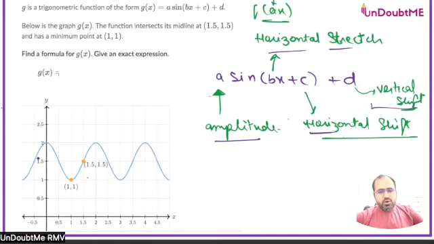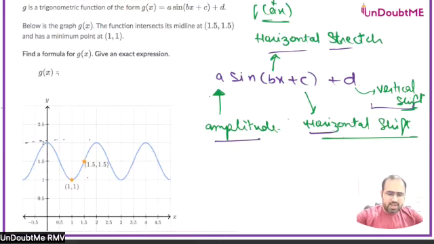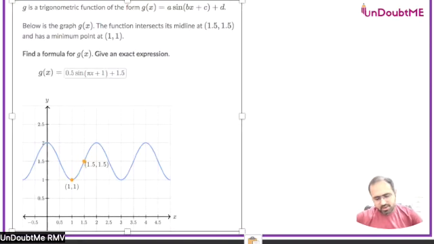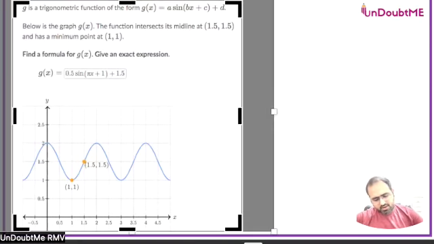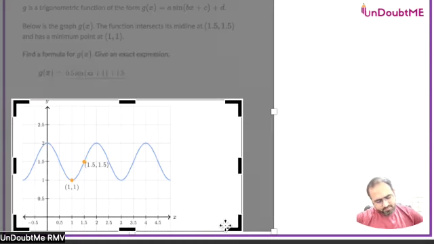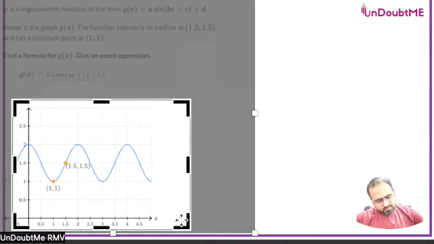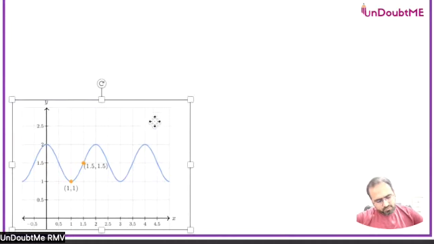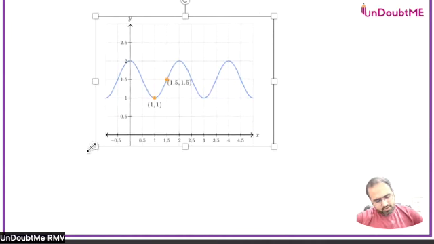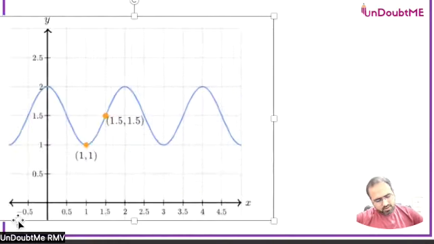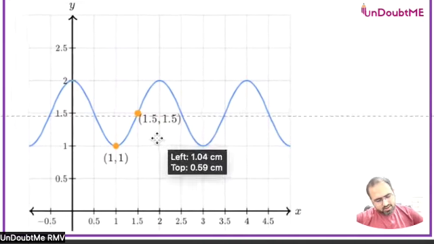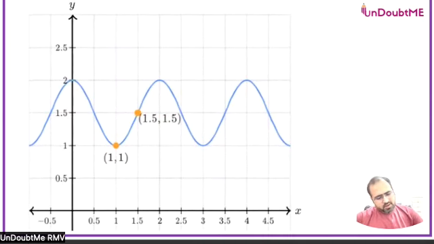To find the amplitude, we'll see how much is this span. Okay, now it is better if I show this diagram in a zoomed form so that we can analyze it better. Look at the span of this.